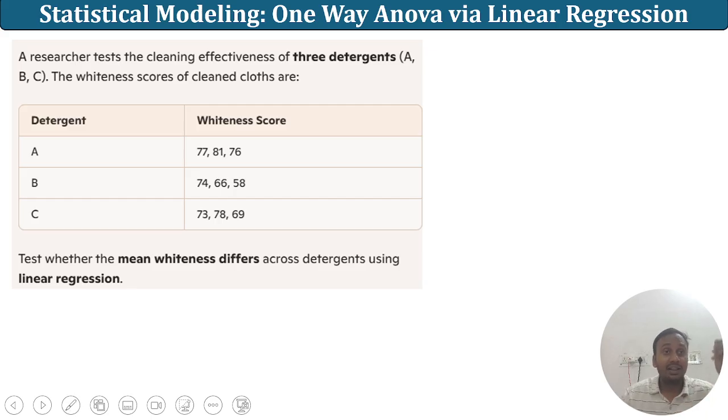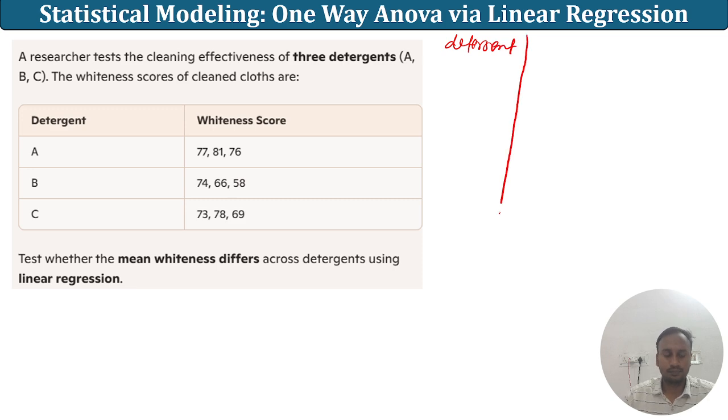So let's say a researcher tests the cleaning effectiveness of three detergents A, B, C, and the whiteness scores of the cleaned clothes are given.